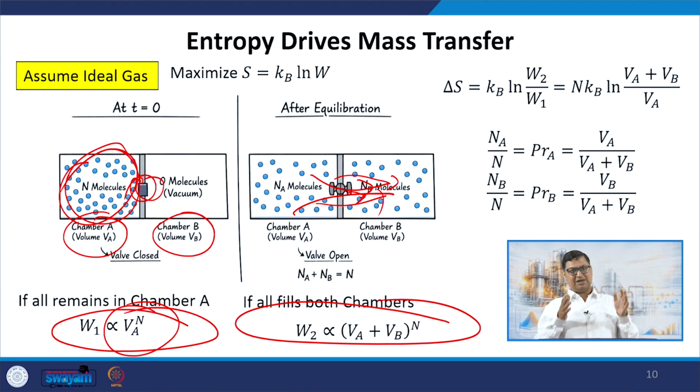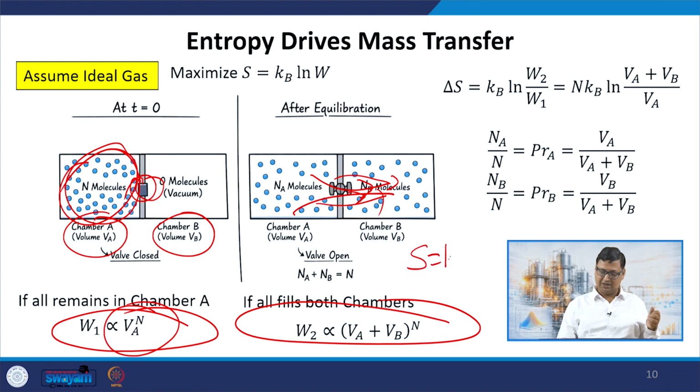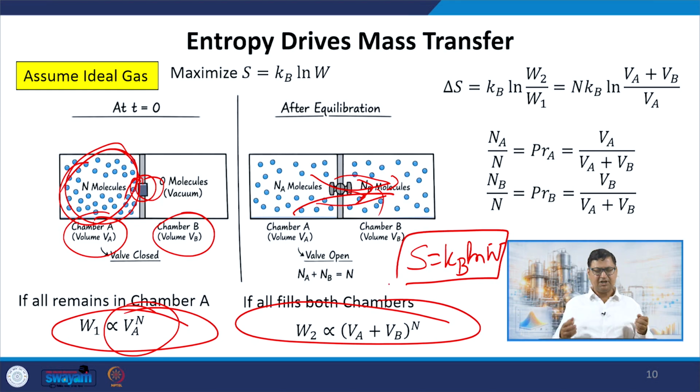So the molecules are going from the left to the right purely from entropic considerations, because I told you also that S is equal to Kb ln W. And entropy has a tendency to favor more number of ways, because the system wants to maximize its entropy.